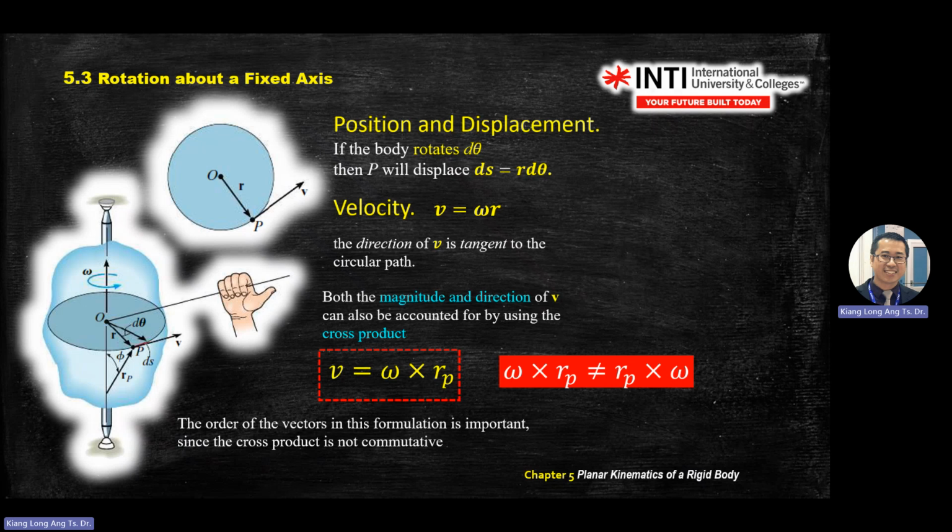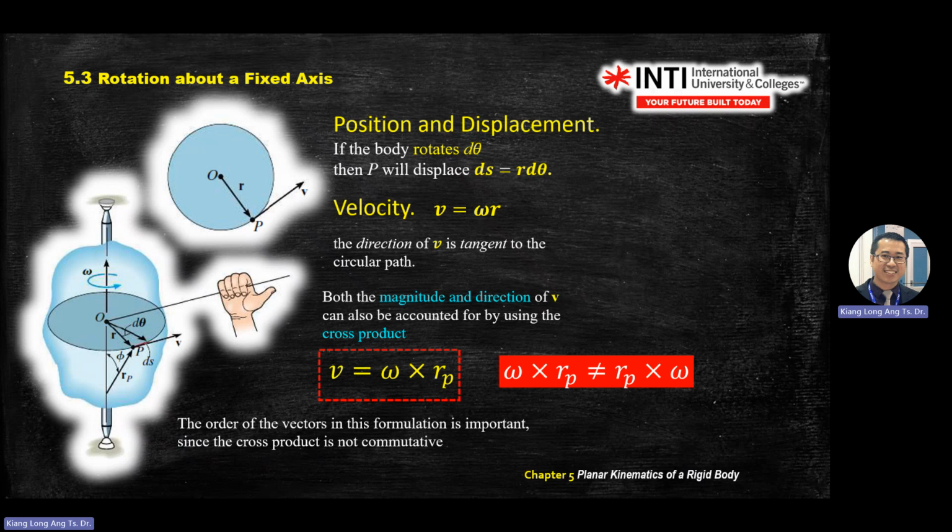So here, this is omega. Omega cross r. The omega axis is here, so omega cross r. Omega is something turning, and turning has an axis, so you're referring to the omega axis. Then you use your right hand rule.